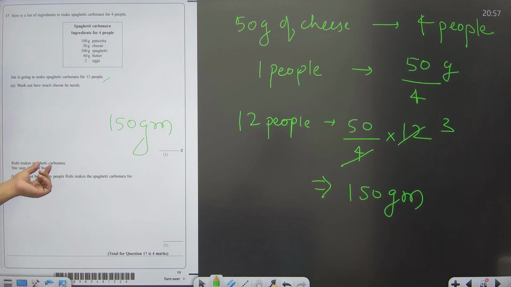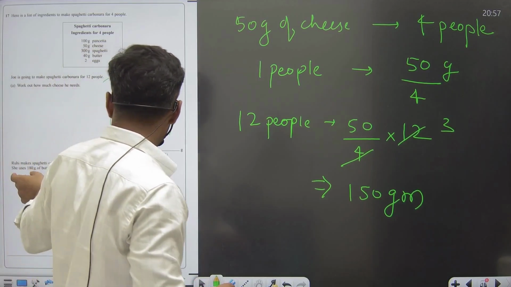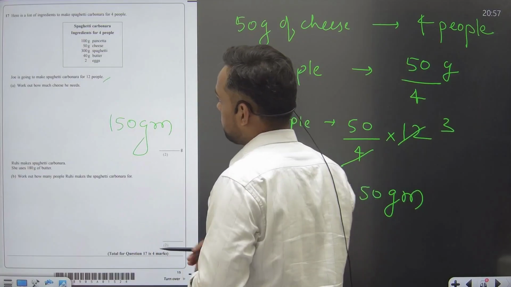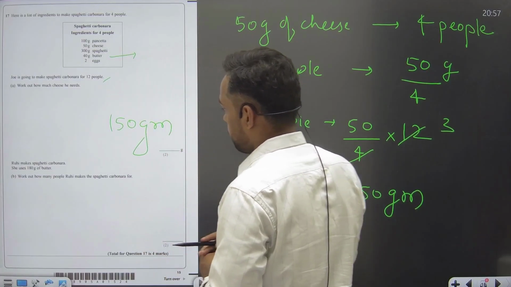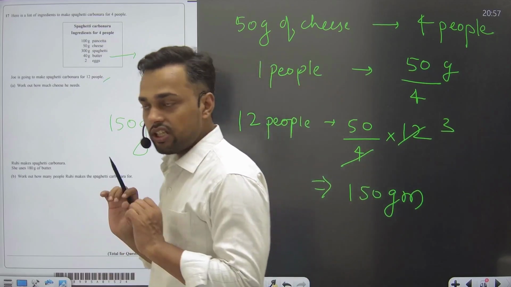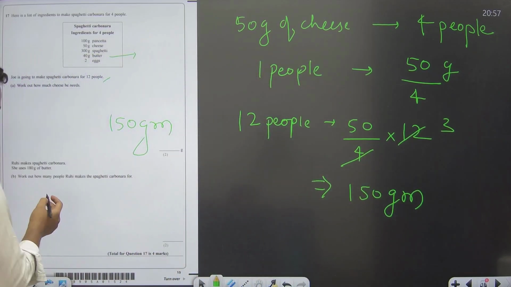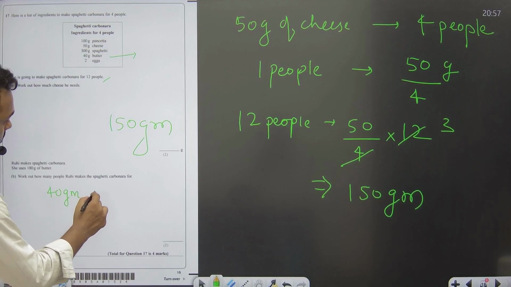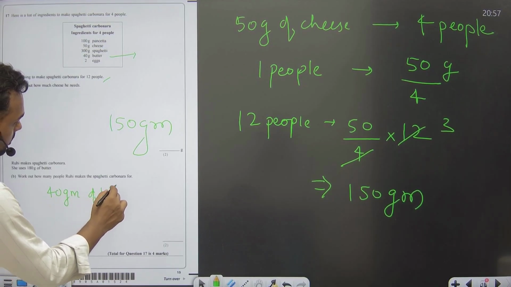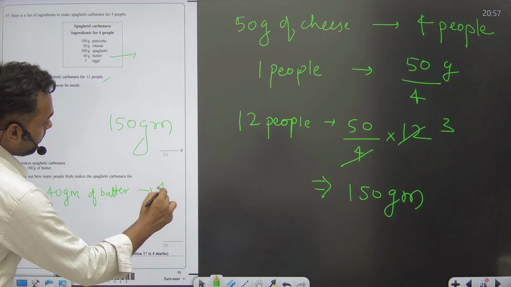Now Ruhi makes this particular dish and she uses 180 gram of butter. 40 gram of butter is required for 4 people. Same unitary method we need to apply here as well. For 4 people, 40 gram of butter is required.